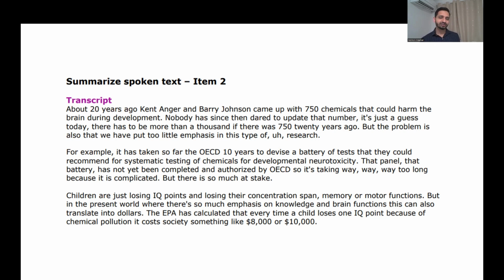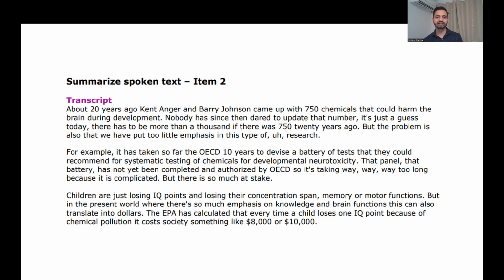For example, it has taken so far the OECD 10 years to devise a battery of tests that they could recommend for systematic testing of chemicals for development neurotoxicity. That battery has not yet been completed and authorized by OECD, so it's taking way too long because it is complicated. But there is so much at stake.